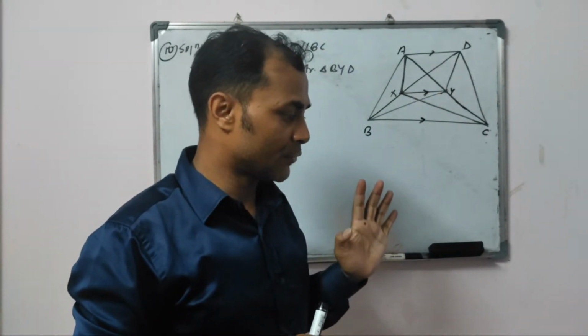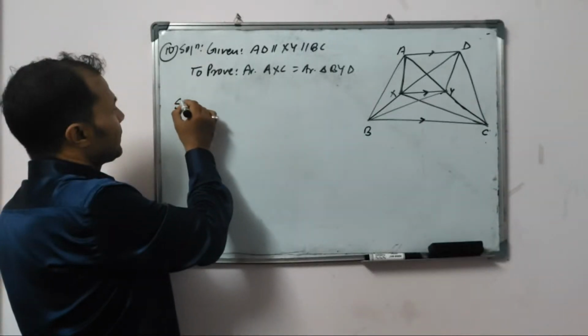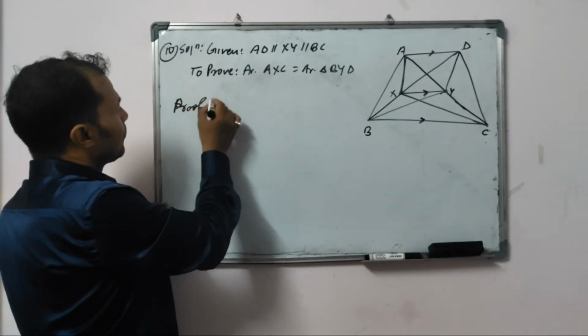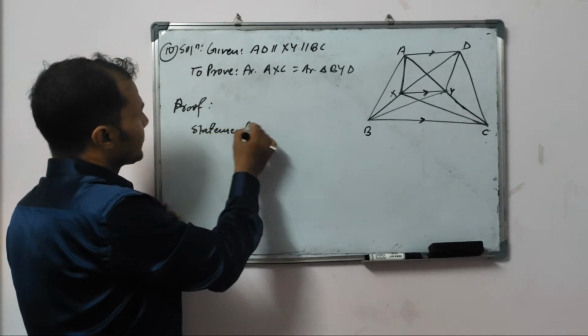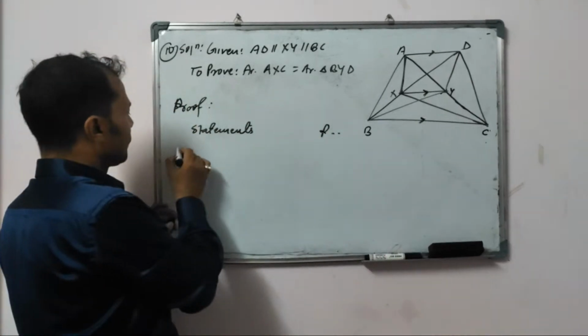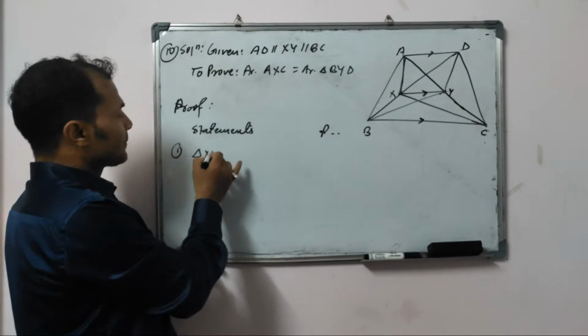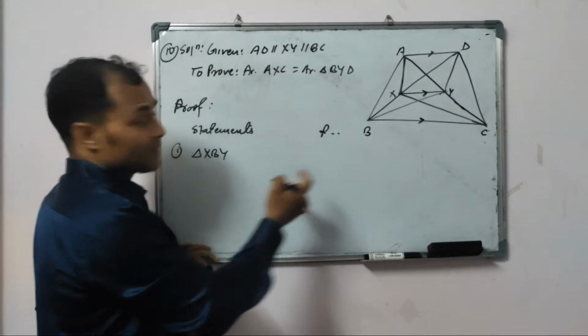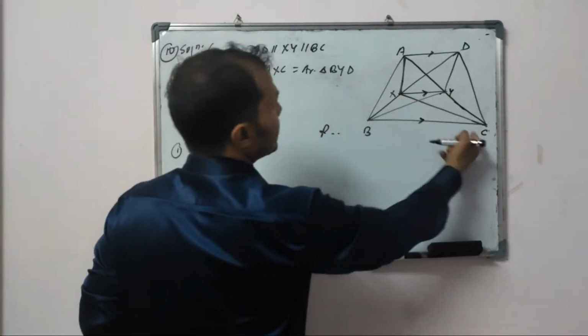Try to understand, बुझ्नुस् है यो कुरालाई. सो म त्यही कुरा लेख्छु यहाँ. प्रुफ, कन्स्ट्रक्सन चाहिदैन. प्रुफ, statements, regions. First one, triangle, right, XBY, this one, so yeah, is equal to triangle XCY.